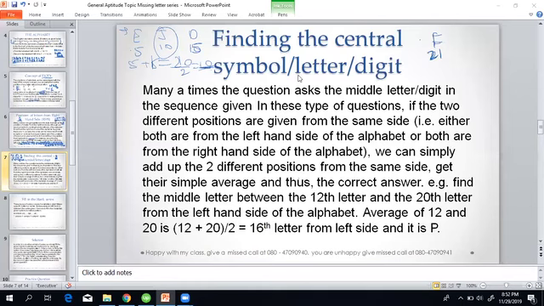If the sum is not divisible by 2, then there will be two letters between them. The middle letters are 2, like we do in finding the median, the same way.